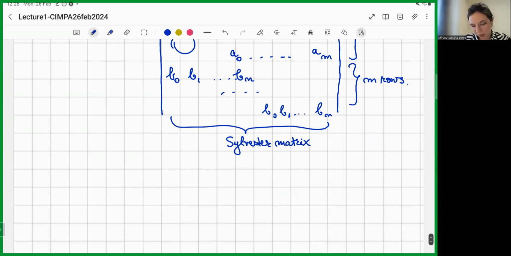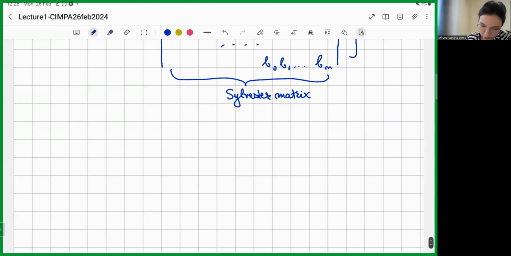I'll skip a bit of this part and go directly to the corollary that we are interested in and that we already used in Macaulay 2, and actually it's based on this theory.